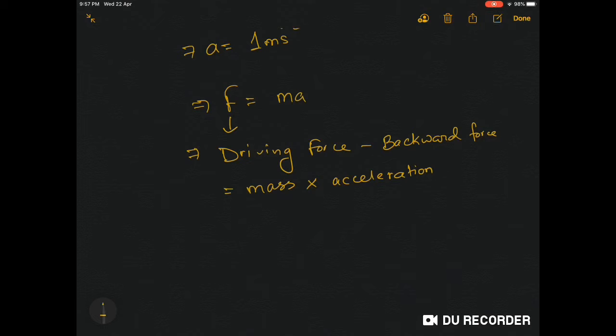So this can be the new formula. I can write forward force as well. I can mention my driving force as the forward force here, minus resistive force or backward force.